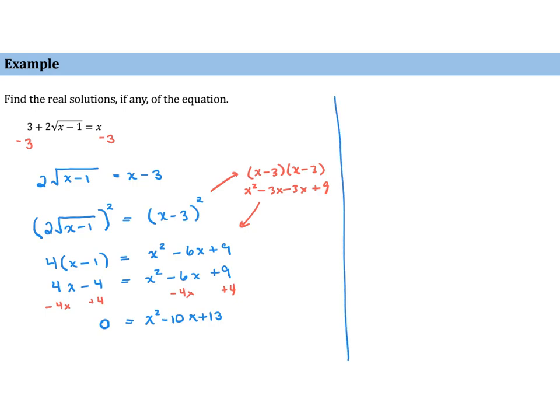So we have the quadratic formula, x equals negative b plus or minus the square root of b squared minus 4 times a times c, all over 2 times a.